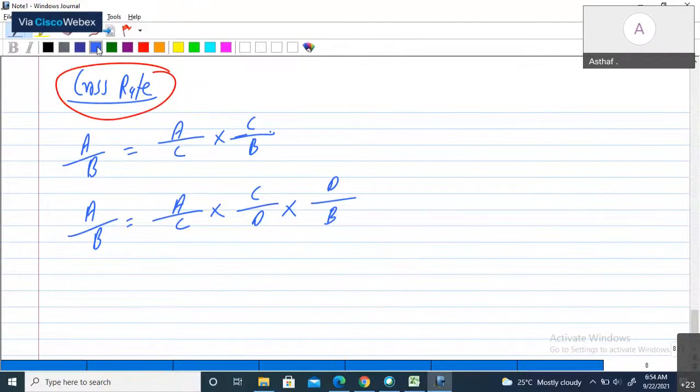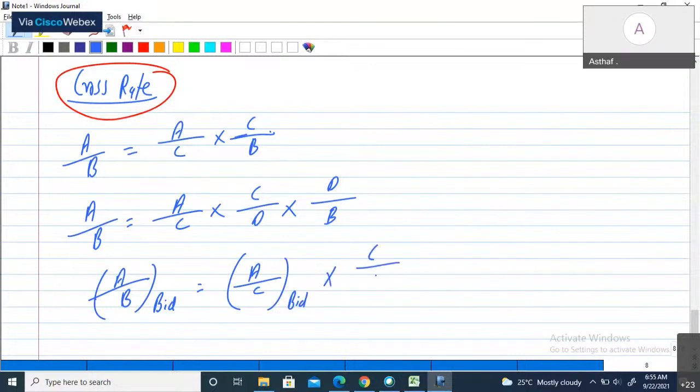Okay, now let us go for bid and ask. If you want A by B bid, you want to do A by C bid into C by B bid.